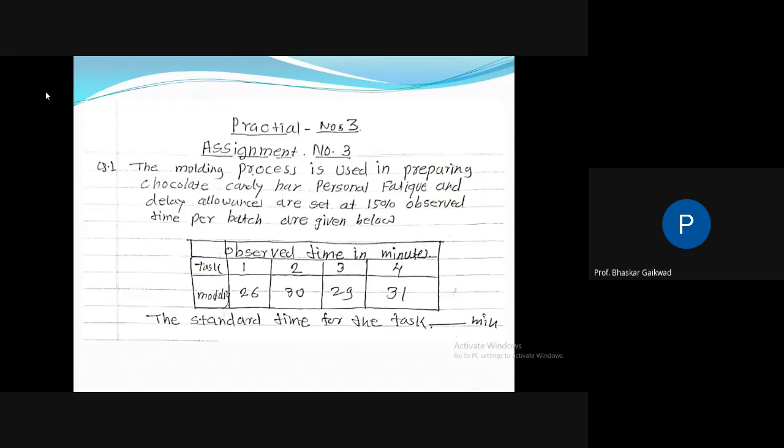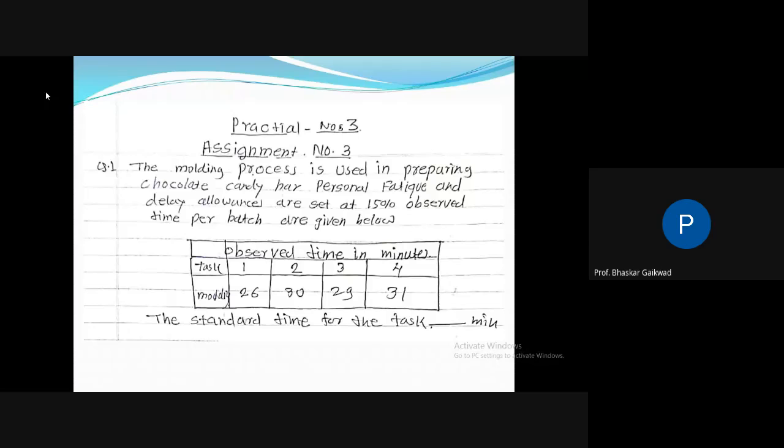First assignment questions related to these three numbers. The molding process is used in preparing chocolate candy bar. Personal, fatigue and delay allowance are set at 15%. Observed times per batch are given below. Very simple problem. We have to calculate the standard times for the same.